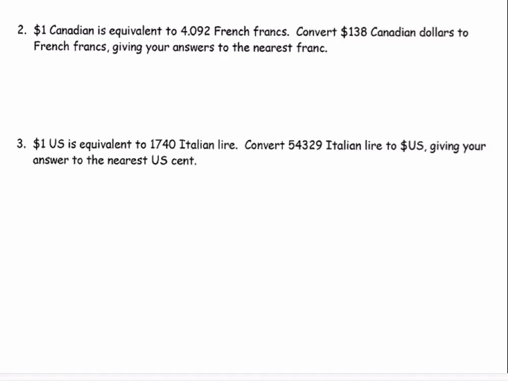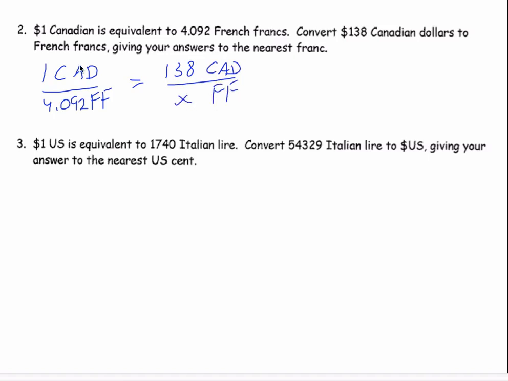So 1 Canadian dollar is equivalent to 4.092 French francs. Convert 138 Canadian dollars to francs. So 1 Canadian dollar is the same as 4.092 French francs, and we want to convert 138 Canadian dollars to X French francs. So we cross multiply, and we get X equals 4.092 times 138.